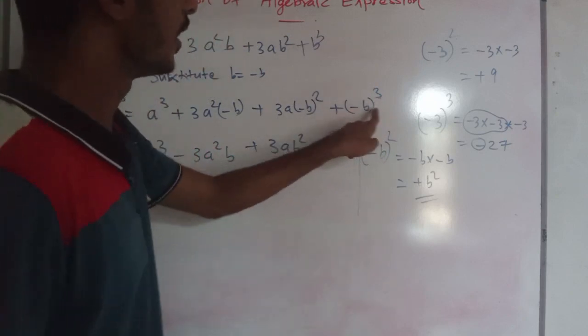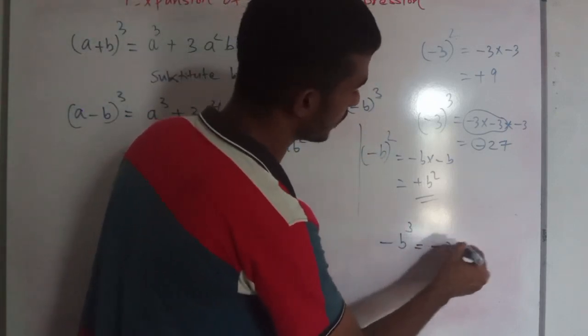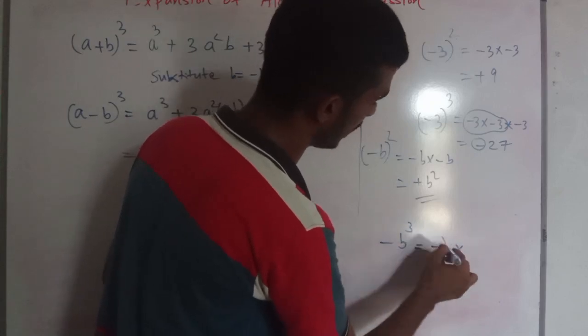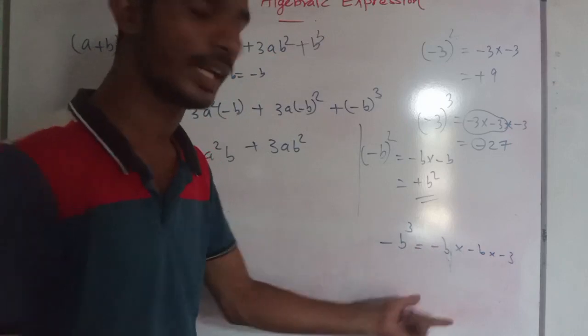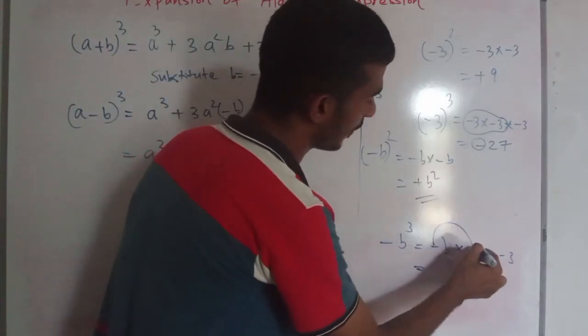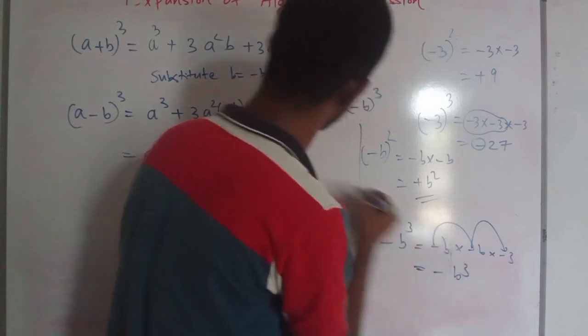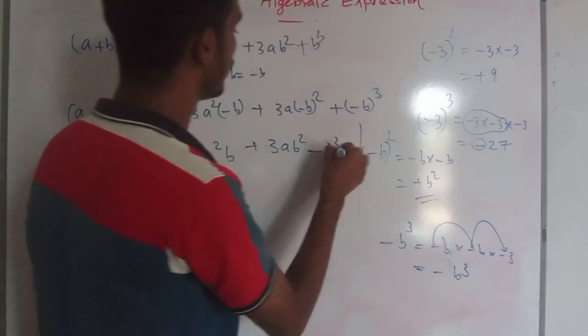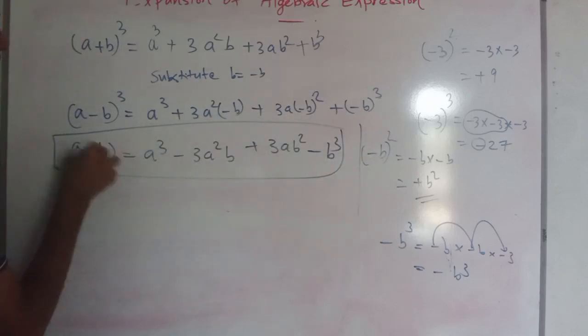Then you see, here (minus B) power 3 will be equal to minus B into minus B into minus B. Minus B is multiplied 3 times. So here minus into minus is plus, then with this minus it will be minus B cube. So this is equal to minus B cube. So this is the expansion of (A minus B) whole cube.